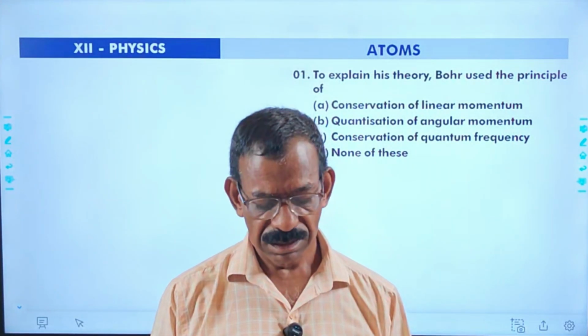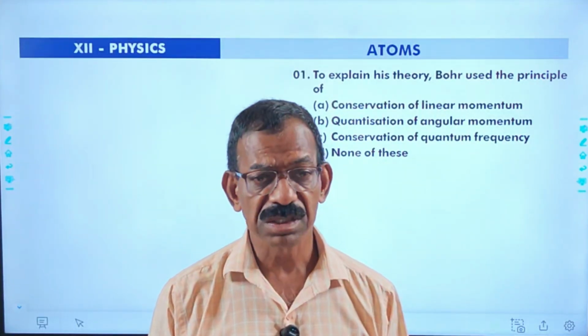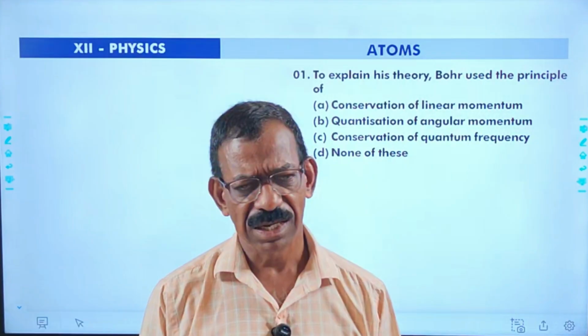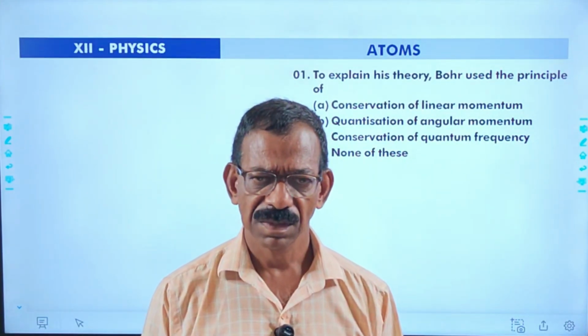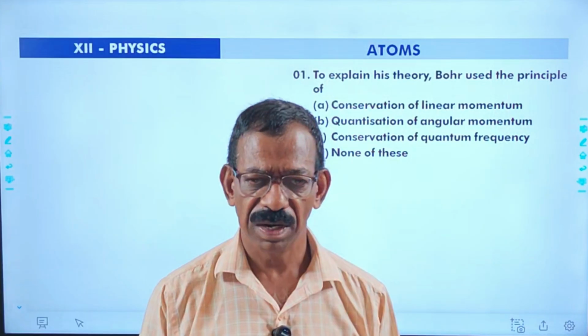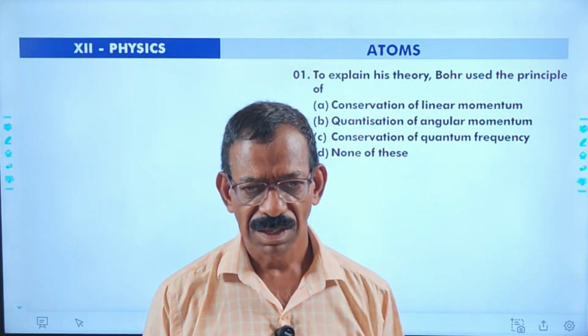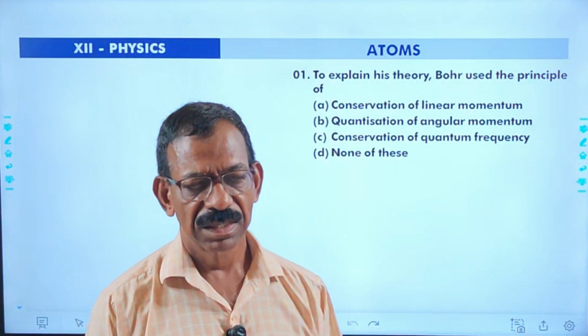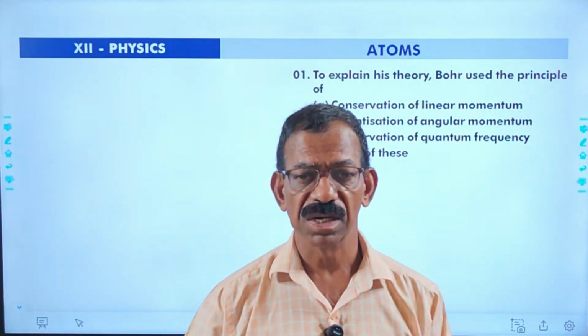To explain his theory, Bohr used certain principles. As you know, the Thomson model is the plum pudding model, and then the Rutherford model is based on the alpha particle scattering by Geiger and Marsden. And the next model is the Bohr model. By this model, he assumed certain postulates.